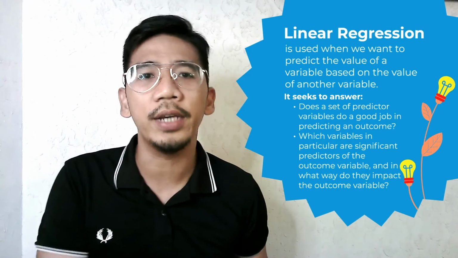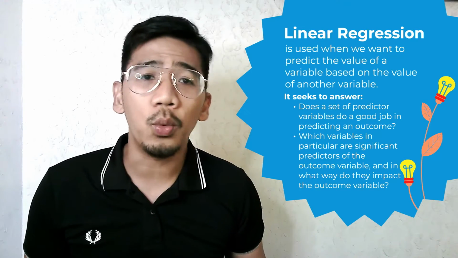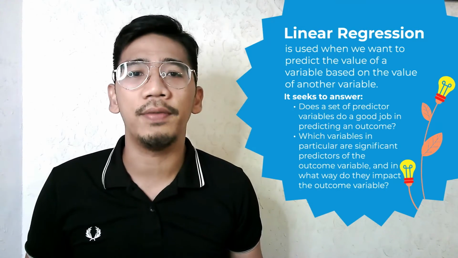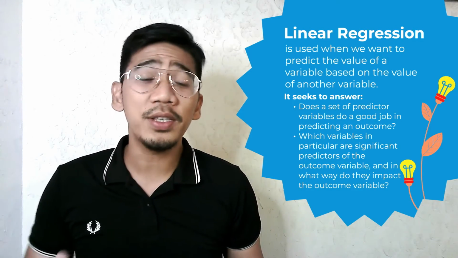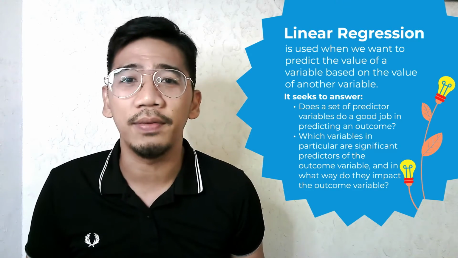Now, these regression estimates are used to explain the relationship between one dependent variable and one or more independent variables. But again, for the purpose of this video, we're just going to use one independent variable and one dependent variable.